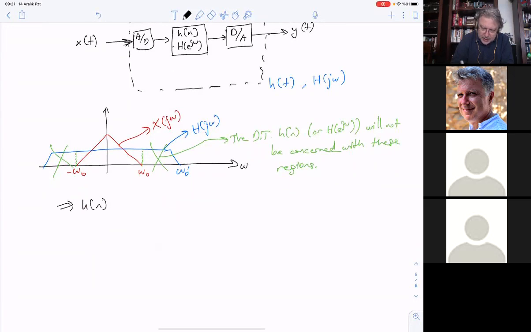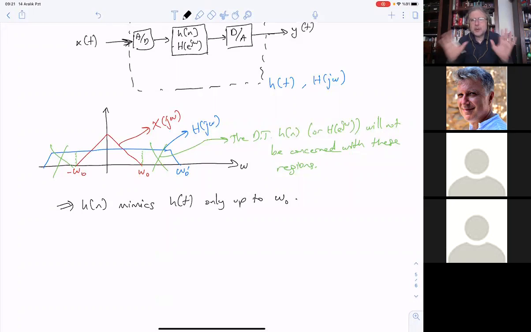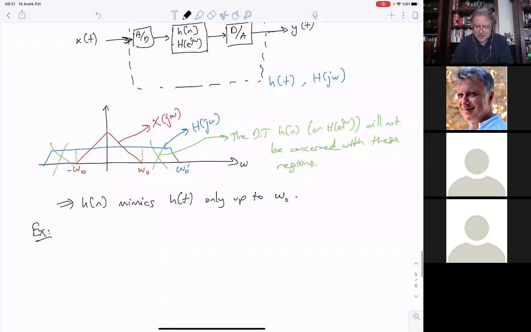So h of n mimics h of t only up to omega 0. Okay? From minus omega 0 to omega 0. Within those ranges, we are doing it. That's the way to approach discrete time processing of continuous time signals. The signal must be band limited because everything Nyquist, as you see.